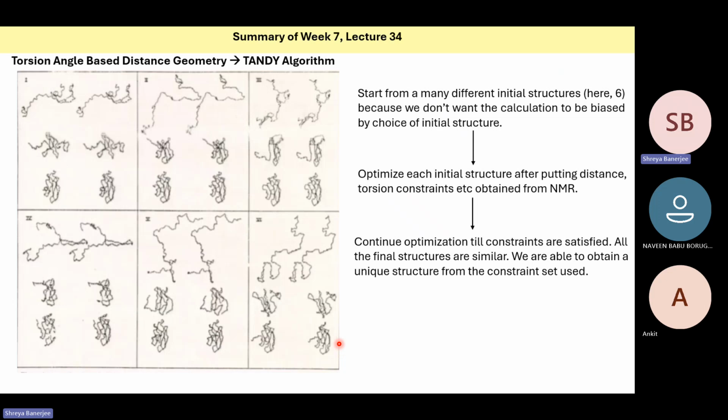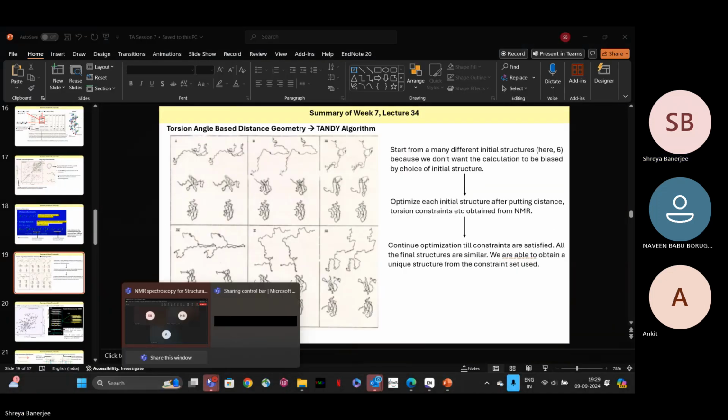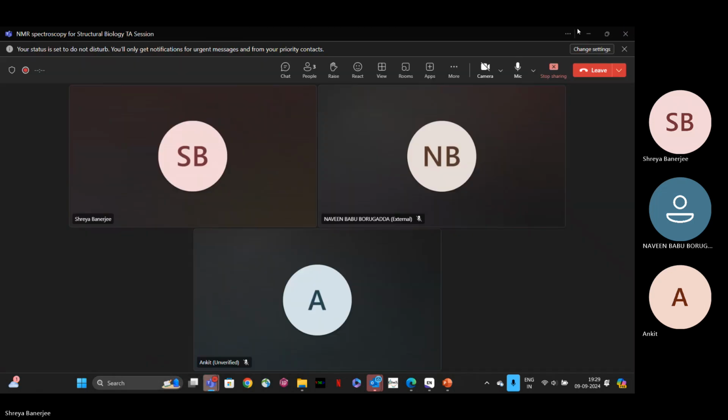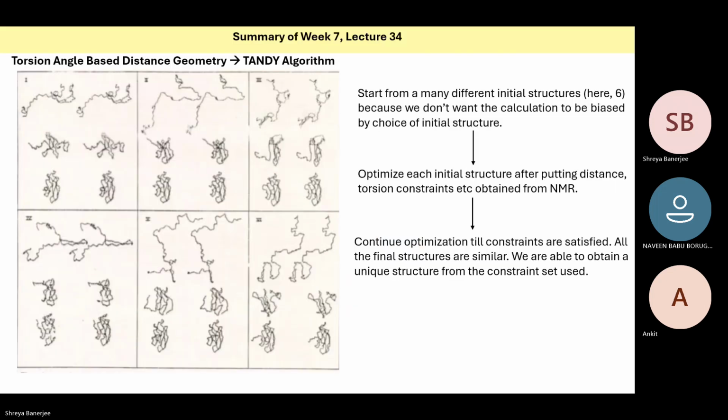So we can say that the set of constraints that we have used are able to give us a unique structure. So then we can say that the set of constraints is also correct, because no matter what initial structure we are starting from, we are reaching the same final structure.